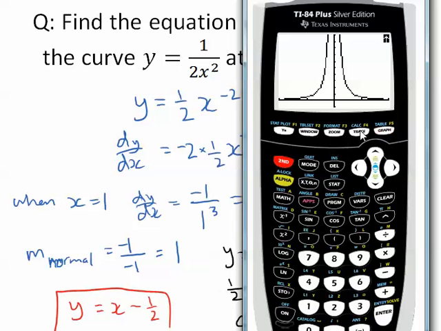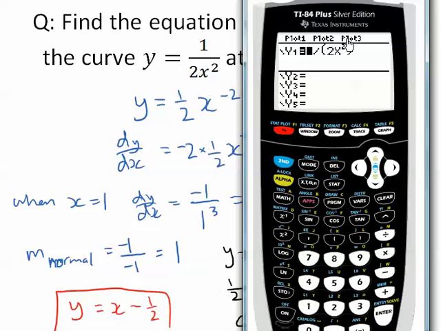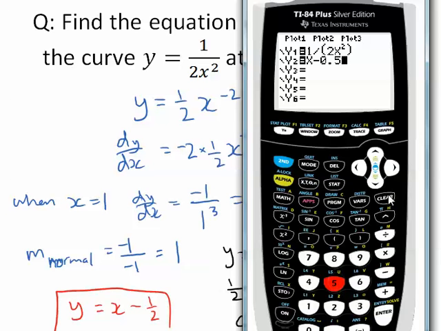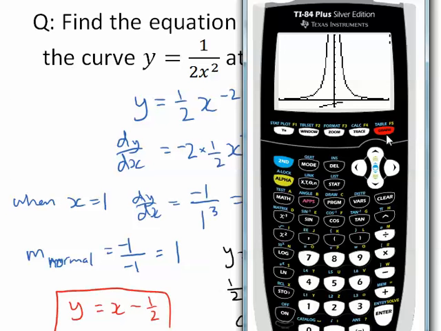Okay, so let's also plot the equation of the normal that we calculated. So x minus 0.5. And that's what it looks like. So again, because of the scale, it's not going to look perpendicular. But one thing we can check is that they meet at that point.